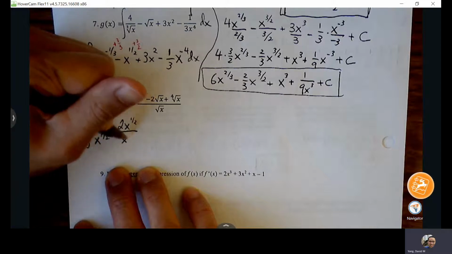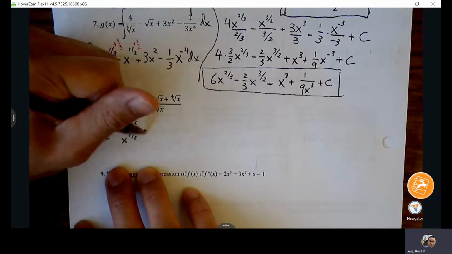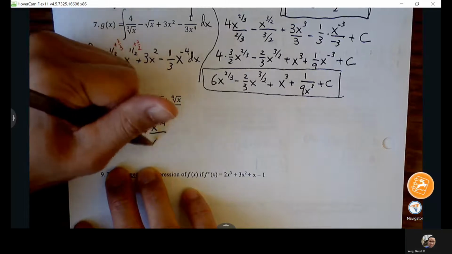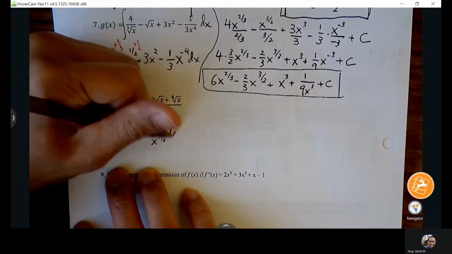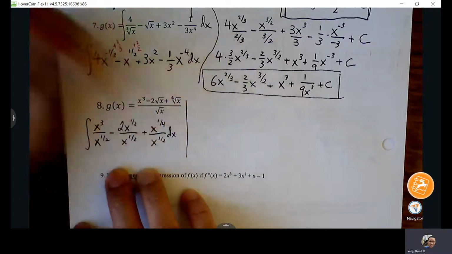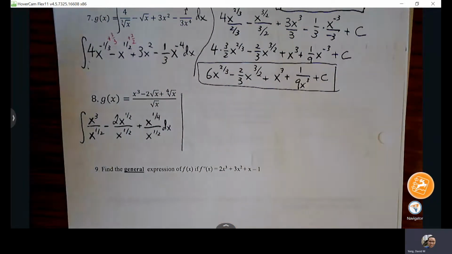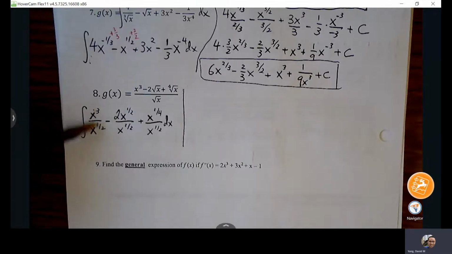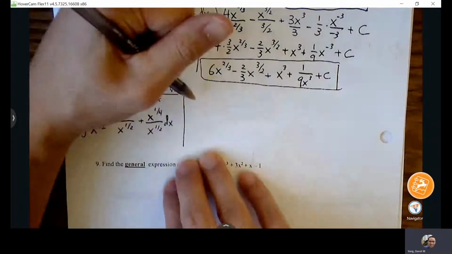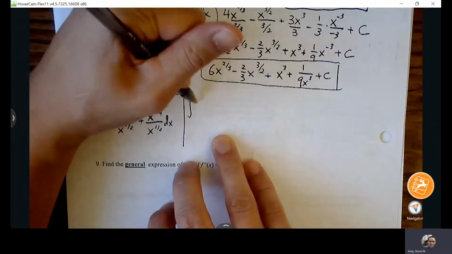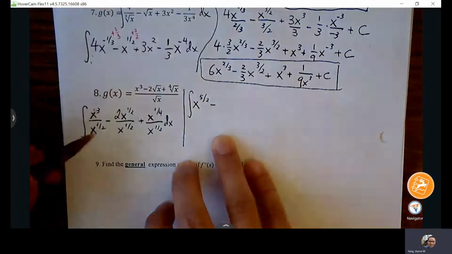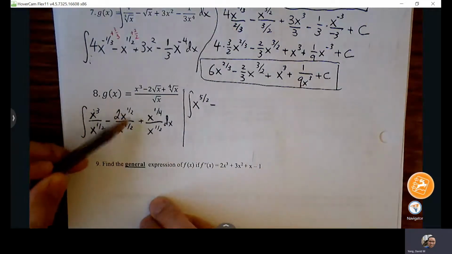As I'm doing that, I'm also converting them to rational exponents. Okay. 3 minus 1/2, the same thing as 6/2 minus 1/2, which is 5/2. Remember, as you do this, you haven't done any calculus yet. You're just getting these terms ready for power rule. And 1/2 minus 1/2 is 0, which is 1.